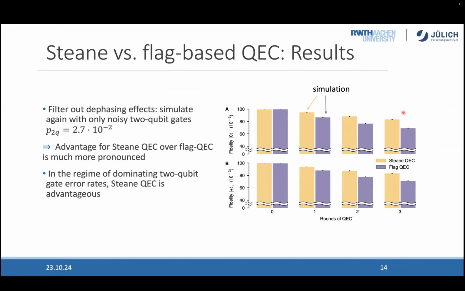And in the regime of dominating 2-qubit gate error rates, we expect that Steane quantum error correction is advantageous. However, to get into this regime, there are, of course, still many experimental challenges. And this is where I hand over to Vanya to talk about the experiment.